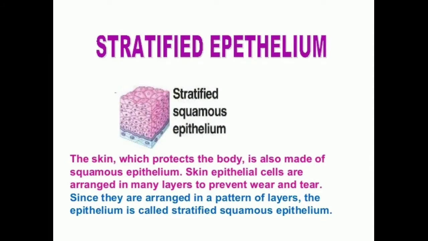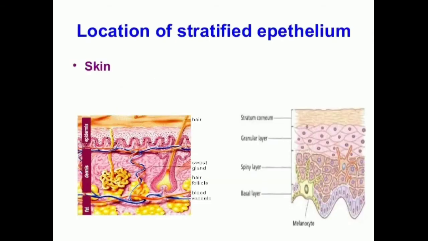Next we have stratified squamous epithelium. What is the specialty of this? You know that our skin, which protects the body, is also made of squamous epithelium, but the epithelial cells are arranged in many layers to prevent wear and tear. Since they are arranged in layers, that means in different strata, the epithelium is called stratified squamous epithelium.